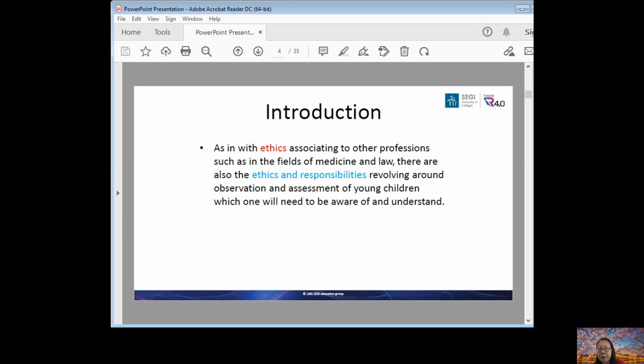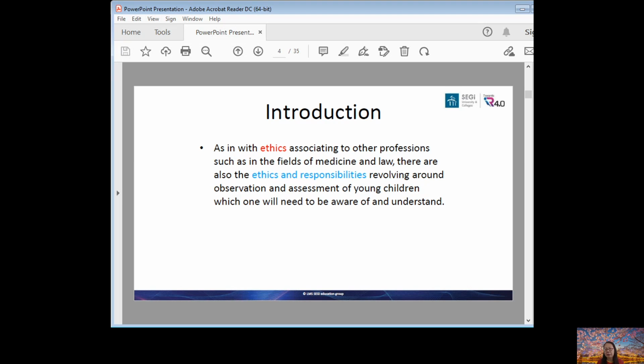Introduction. As with ethics in other professions, such as medicine or law, there are also ethics and responsibilities revolving around observation and assessment of young children. Just like when you study medicine or go to see the doctor, there are some ethics to follow.